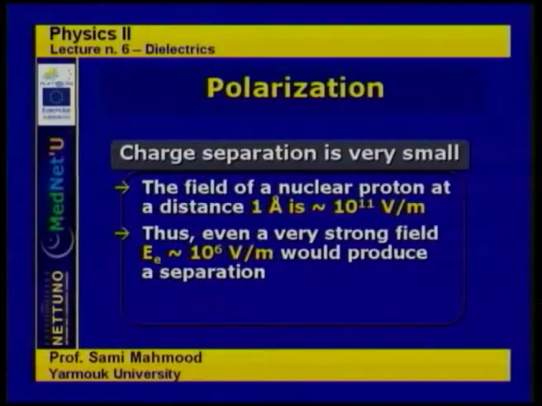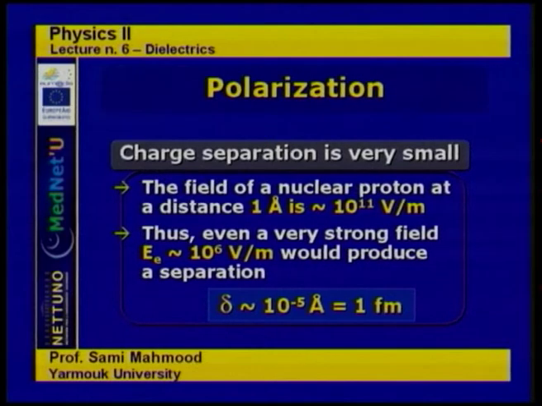So thus, if the polarization of the charges within a molecule introduces even a very strong electric field of the order of 1,000,000 volts per meter, the separation responsible for this 1,000,000 volts per meter is of the order of 10 to the minus 5 angstrom by simple argument, which is equal to 1 femtometer.